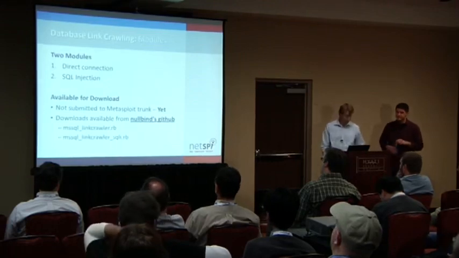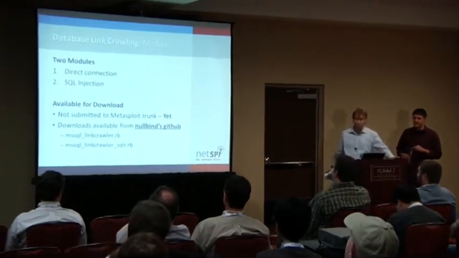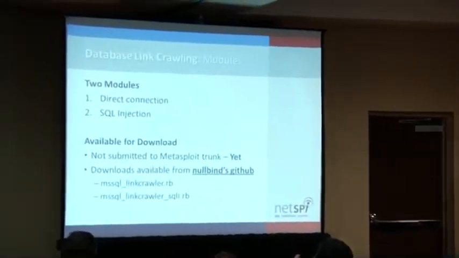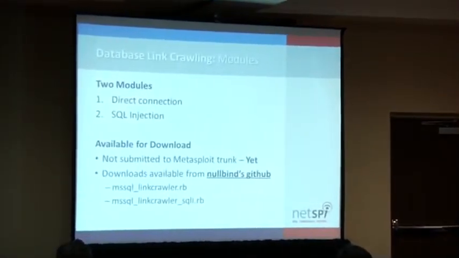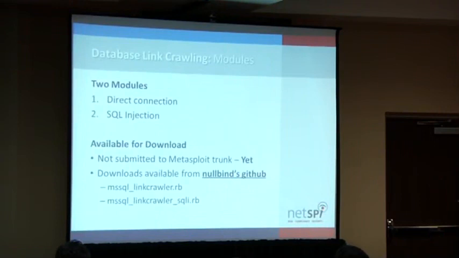To make this easy, we created two Metasploit modules. One with direct SQL connections, for when you have credentials to access the database, and another one with SQL injection. So if you find a SQL injection in an application, you can run the Metasploit module, and it supports error-based, union-based, or time-based injections, and it can do the same thing.